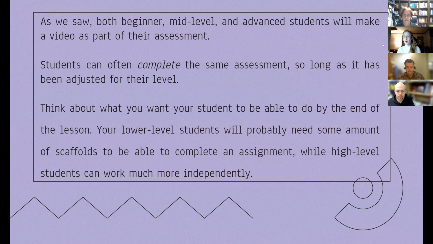And that's where you might get students say that's not fair. Making a video takes way more time than it takes to write a worksheet. And also the expectations for our students can still be pretty high. All low-level students need is scaffolding to be able to achieve things. And high-level students can generally work a lot more independently.